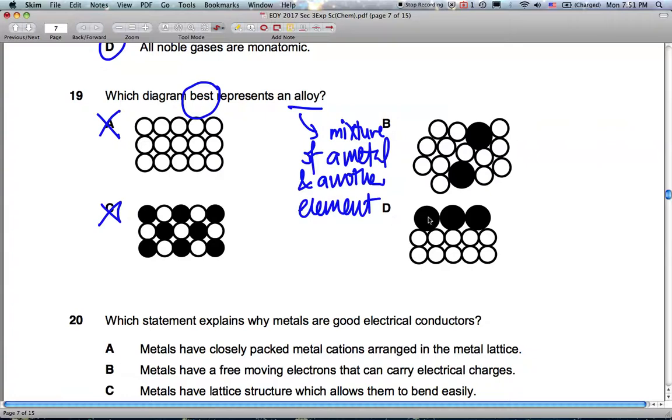Option D, we have the 3 big atoms lying on top of a bed of smaller atoms, and this does not represent an alloy, because when you apply a force, they will still slide over each other. Whereas B is our answer, because it disrupts the orderly arrangement of the atoms, and therefore if you apply a force, the layers will not slide over each other easily.